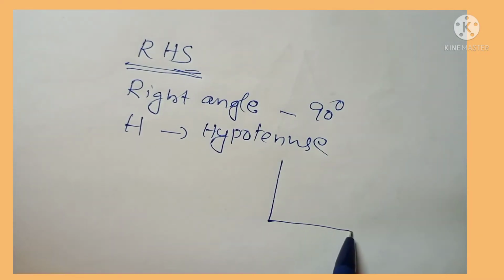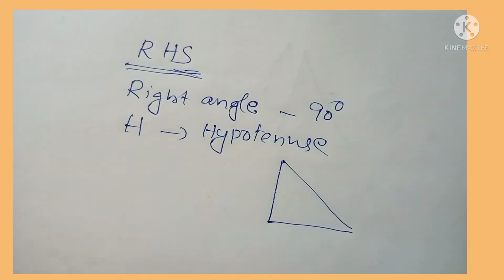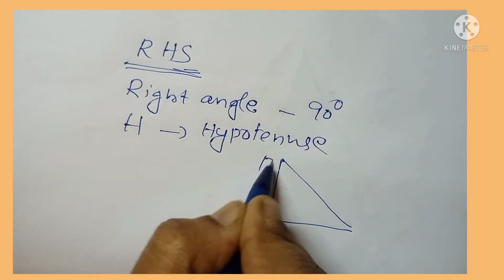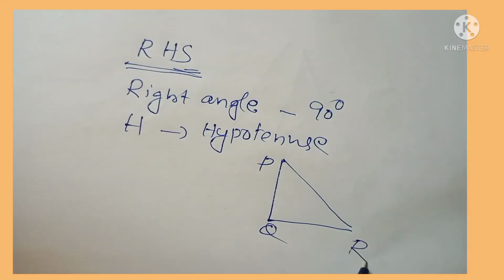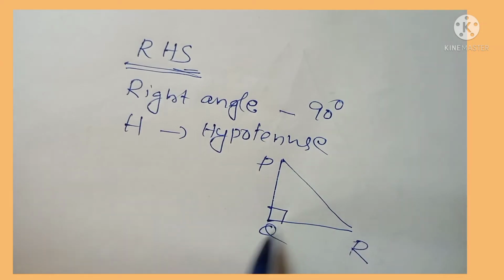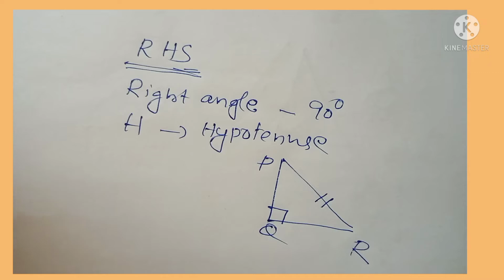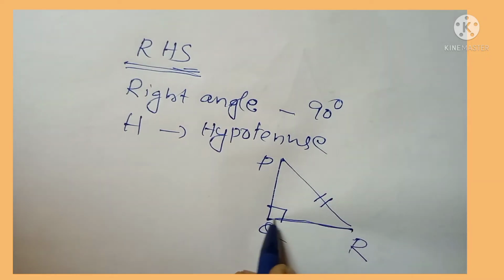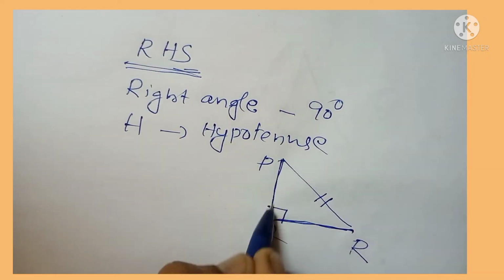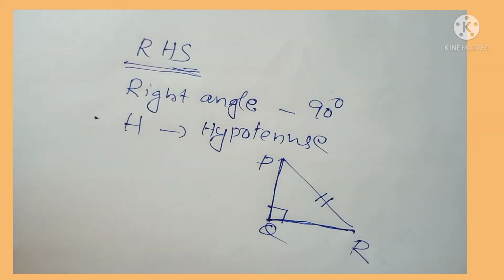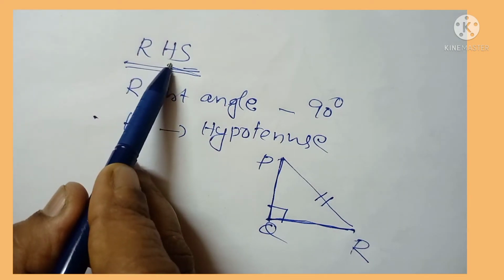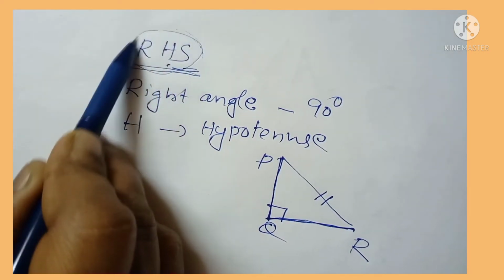For example, let us consider this as a right triangle. PQR is a right triangle. Here angle Q is the right angle and PR is the hypotenuse. If any one of these sides, that means QR or PQ, is given, we can construct the triangle PQR. This is the way we can construct a right triangle using RHS.